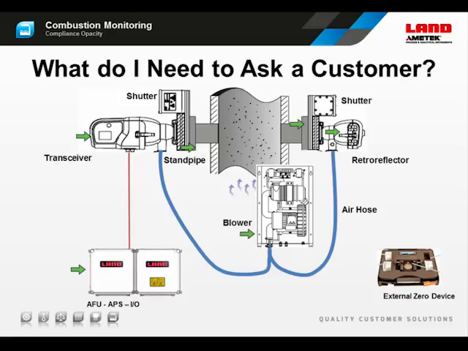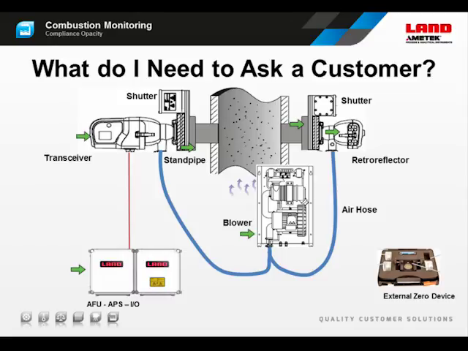It's 18 cubic feet per minute on either side, which, as I recall, is about 60 cubic meters per hour. So you can't really provide that amount of air easily from standard instrument air or compressed air supply. So we do recommend using a blower for the air purge.